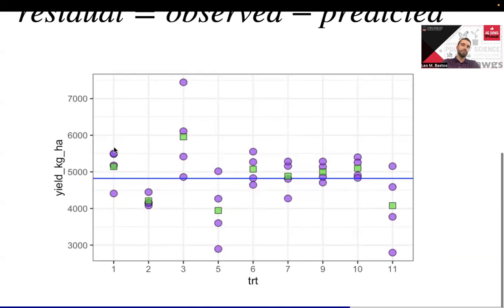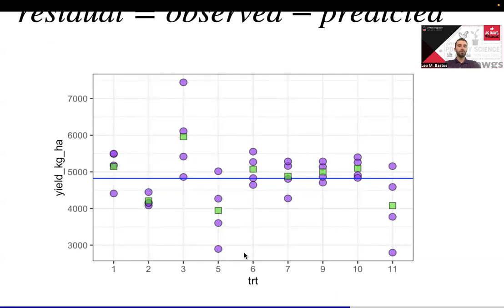What we see here in purple are the true observations. So that's what I truly measured. The blue line is the overall mean of this data. You can think of this as the mu component in the effects model. So this is our overall mean. And then the green squares are the mean of each one of these treatments.